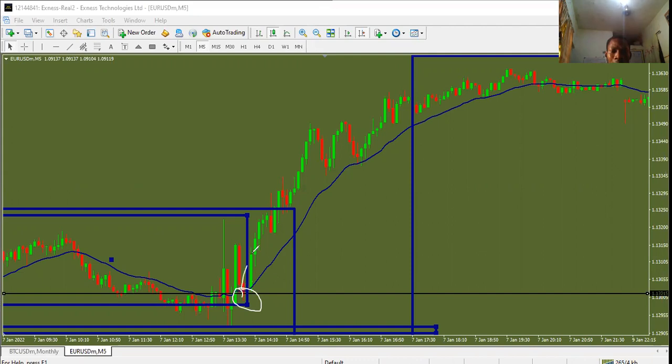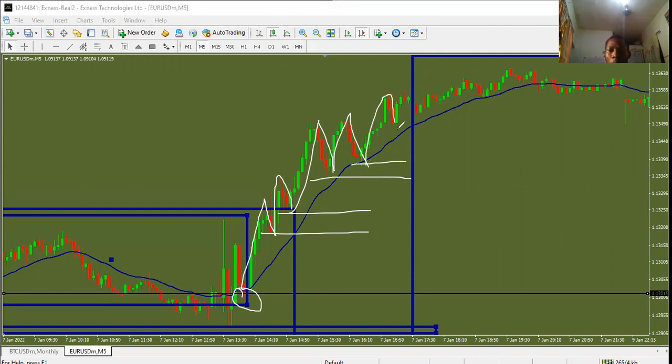They took price higher. They brought it down. They formed another market structure level. They took price higher, brought it down, formed another market structure level. Took price higher, brought it down, formed another level. And they keep going up, form another level. They did not break the structure. And so price kept on trending.